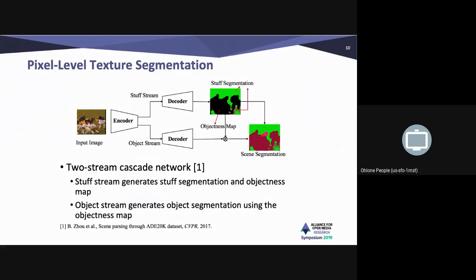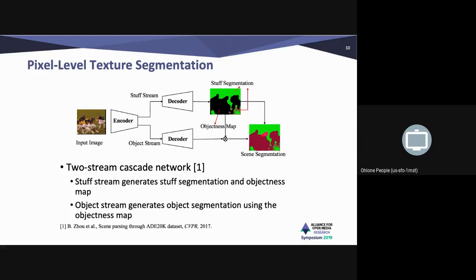And then you also have the foreground objects in the object stream. These two streams extract features using an encoder-decoder structure, and they use shared feature representations. At the end, you have a scene segmentation, but the part we're mostly interested in is the stuff segmentation that represents the potential texture regions.